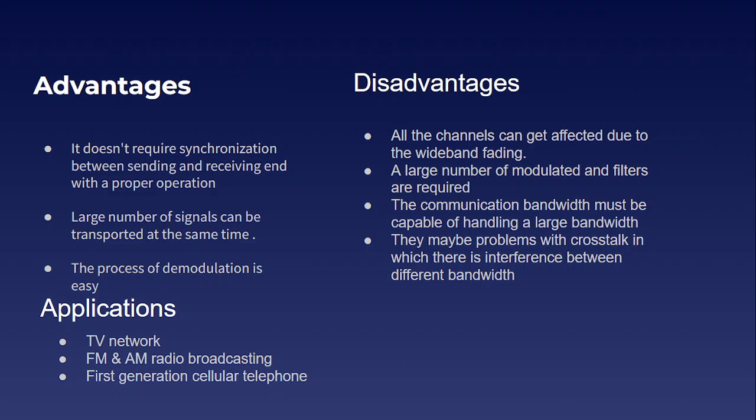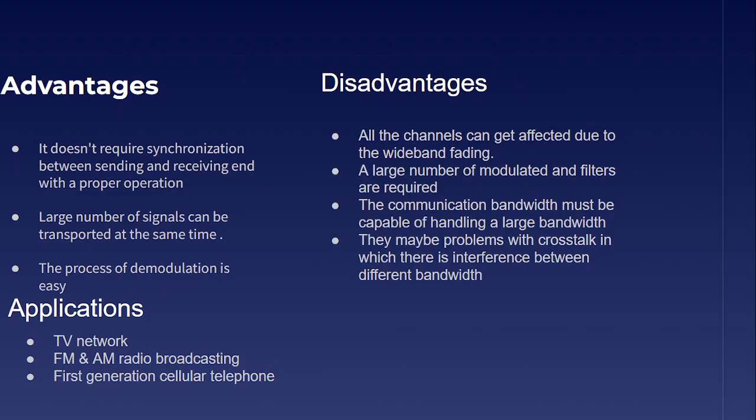A large number of modulators and filters are required. The communication channel must be capable of handling a large bandwidth. There may be problems with crosstalk, in which there is interference between the different bandwidths, which is a huge disadvantage. Some of its applications are TV networks, FM and AM radio broadcasting, and first generation cellular telephones.